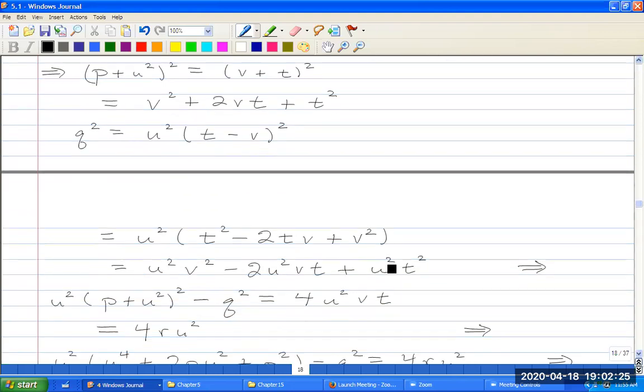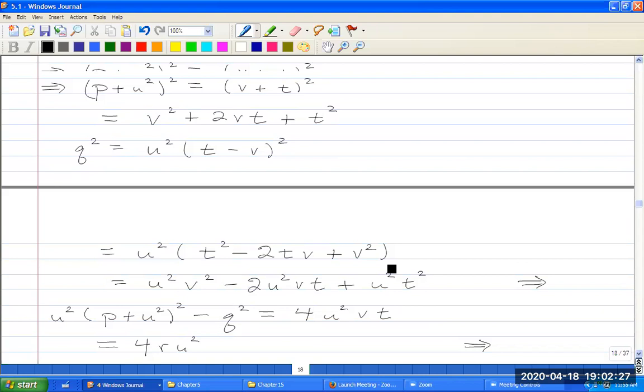Okay. So I get, oh, I guess let's write the other direction. So u squared times v squared minus 2 u squared vt plus u squared t squared.